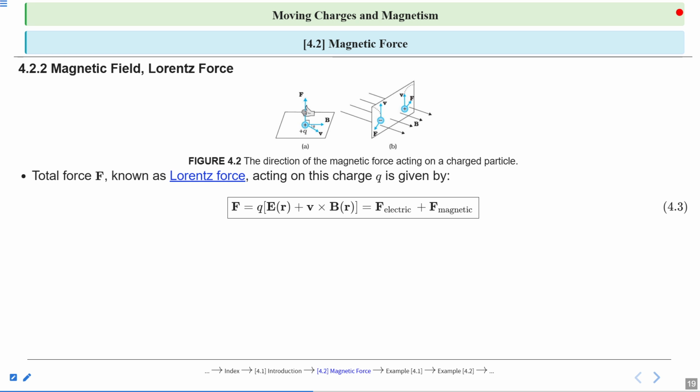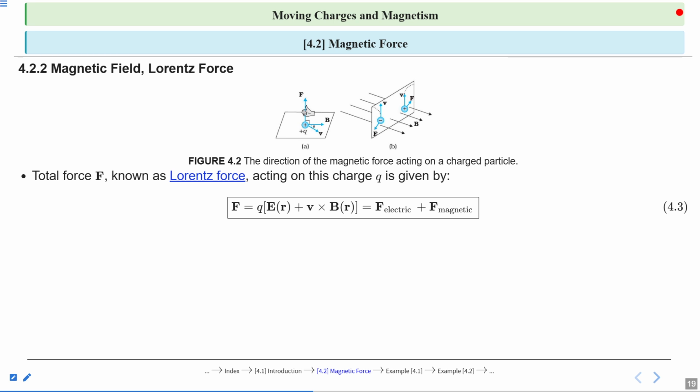If we multiply q into the bracket, qE is the electric force and q(v × B) is the magnetic force. The sum of both the electric force and the magnetic force is known as the Lorentz force.